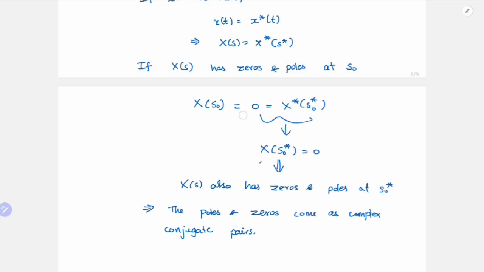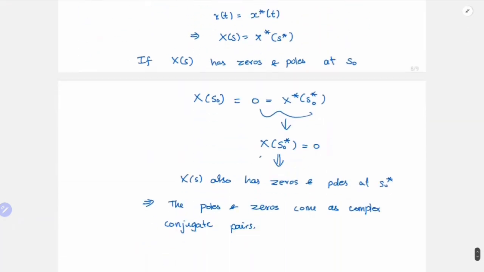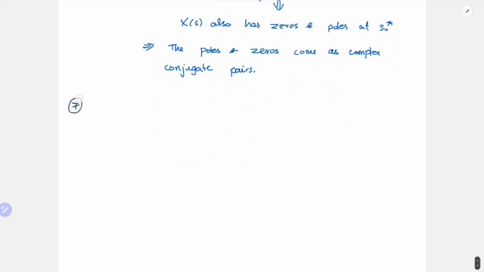So next let us see the convolution property, the 7th one. This is again an important property, and everything is straightforward from the Fourier transform.